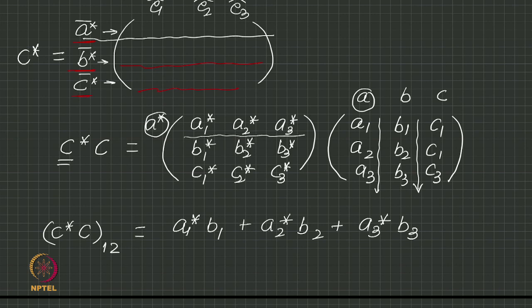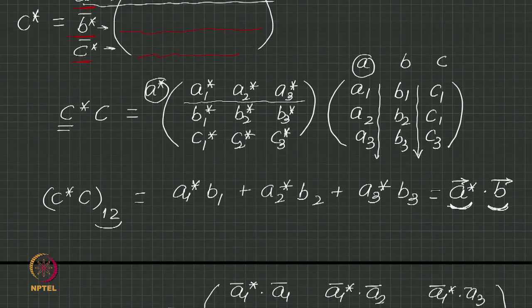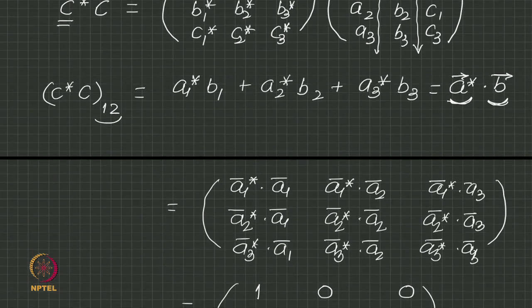In Cartesian components, term by term product and sum is what? It is just the dot product of A star and B. So, the 1 2 term is just the dot product of first vector A star and second vector B. Similarly, you can write the entire matrix.